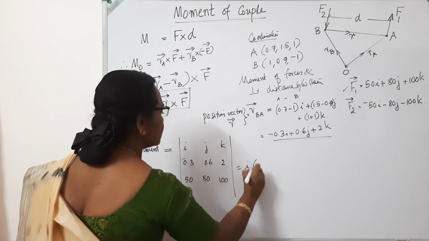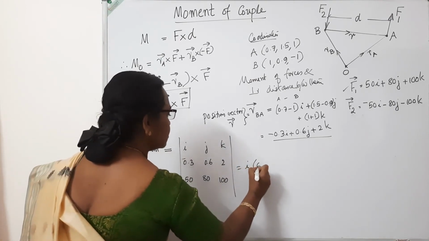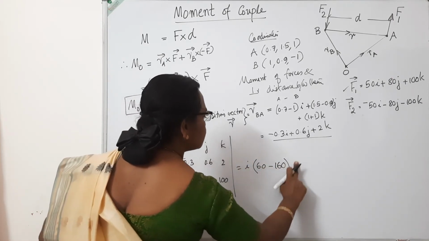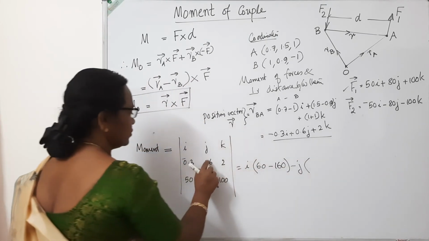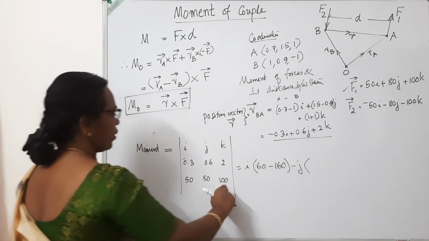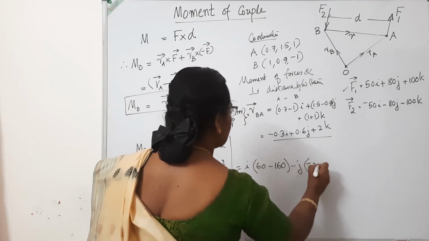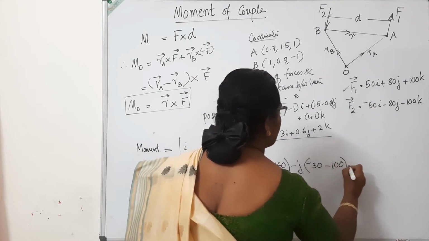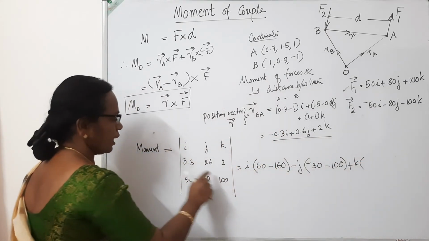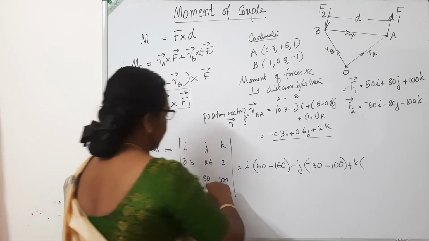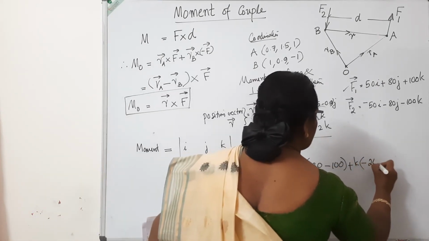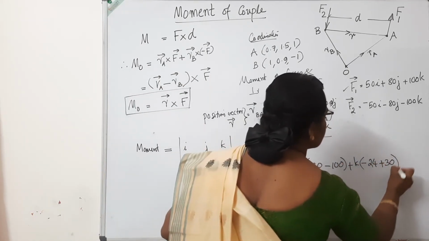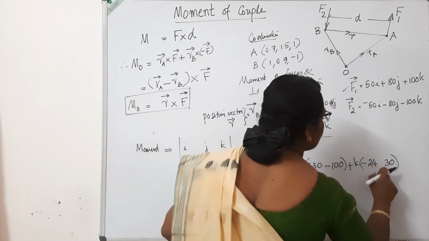It works out to i times 0.6 into 100, 60, minus 160, plus minus j into minus 0.3 into 100, minus 30, minus 50 into 2, 100, plus k into 0.3 into 80, 24, plus 50 into 0.6, 30, so 24 minus 30.